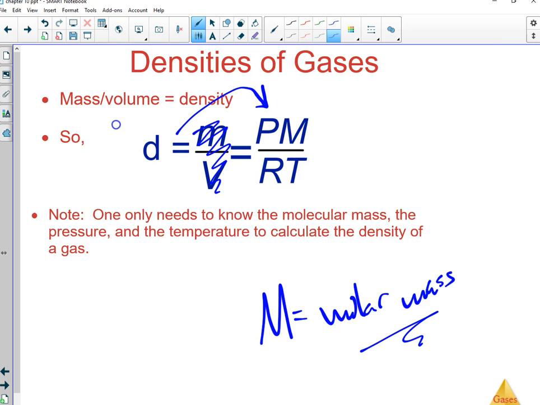M is the molar mass of the substance. Typically we give you the density and then you find the molar mass. As long as we know at least 4 of the 5, we can solve for the other one. R is a constant, so really it's 3 of the 4.